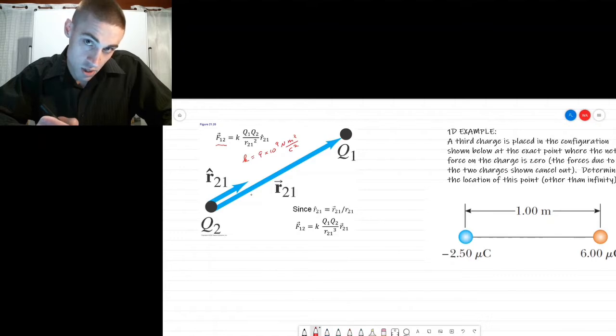So that's the magnitude of the force. And the direction will be along that unit vector pointing from q2 to q1.